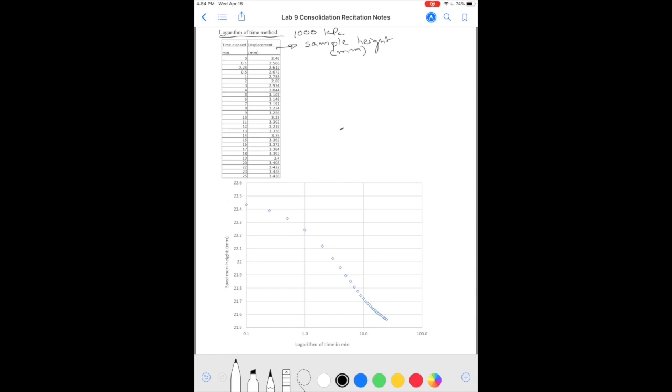So for this, the sample height is plotted in millimeters on the y-axis, and you calculate the logarithm of time in minutes. So you convert the time elapsed and take a logarithm of that. So we are going to join these points.